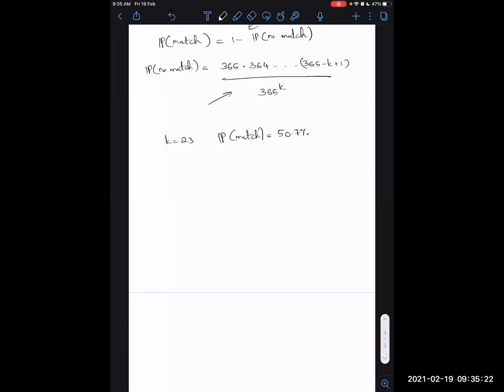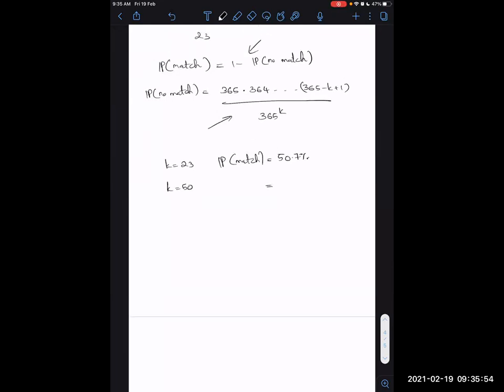To make the counterintuitiveness concrete, can someone tell me what would be the probability that two people have the same birthday in a class of 50 people? Don't go back and plug 50 into this formula.